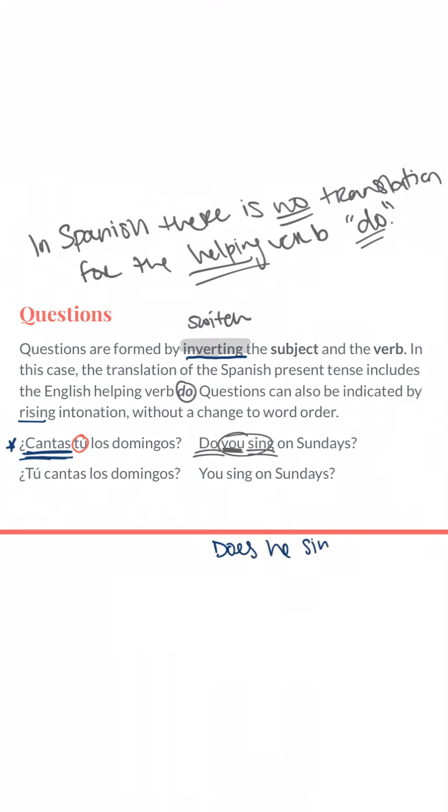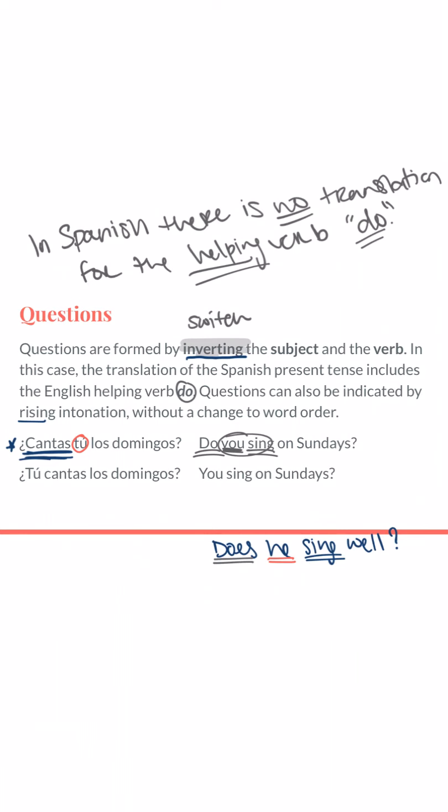Again, I see this helping verb, does, and of course it doesn't translate. So instead, we're going to go with our subject, which is he, and our verb, which is sing. So my conjugation for he sings. He is my third person, and I know that my verb endings are, remember, o, as, a. A is what matches him.